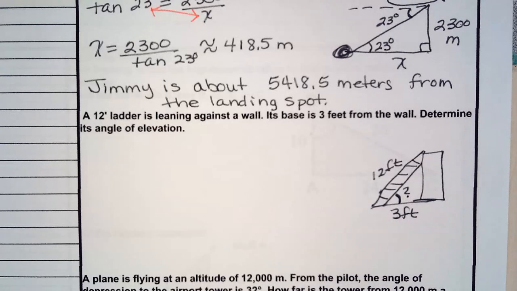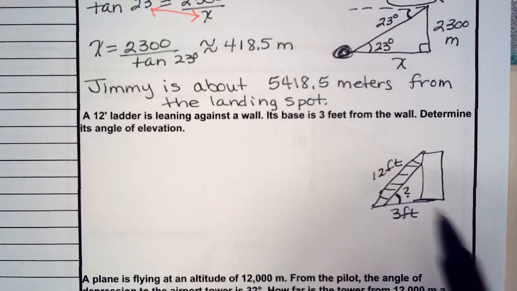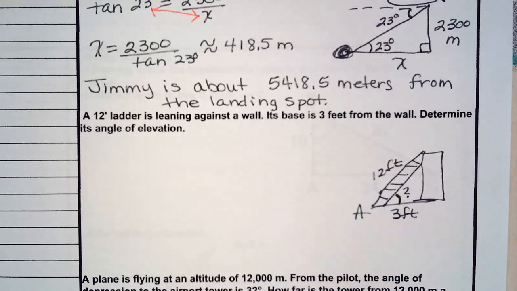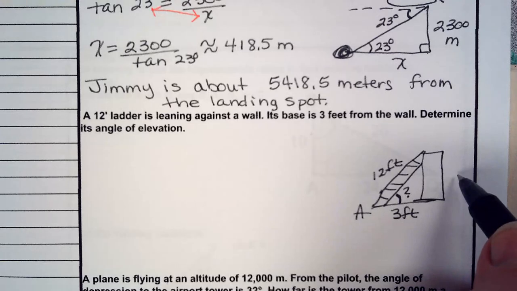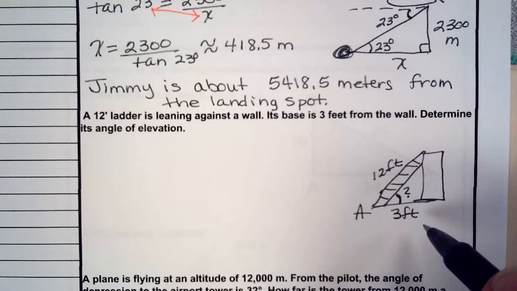So, sine, cosine, or tangent. What two pieces do I have? I'm going to call this A just because I need a variable for when I set up my equation. Here's my opposite. I do not know my opposite. That means I cannot do sine or tangent. That leaves me with cosine.